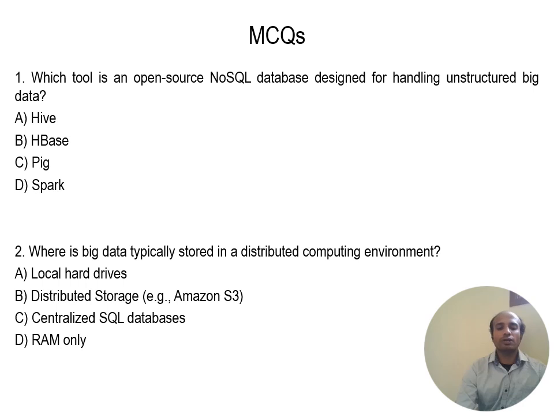So where do we have this big data being stored in a distributed computing environment? The right option is distributed storage, Amazon S3. So the right answer for the first one is HBase, and the second one is distributed storage, Amazon S3.